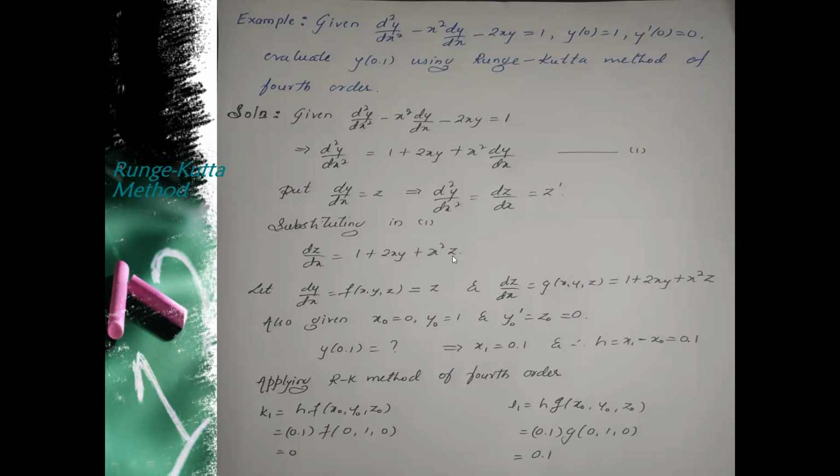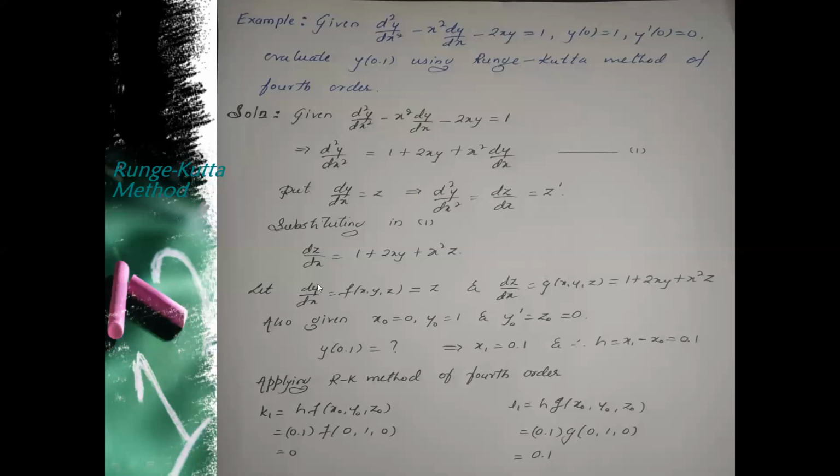Now what we have done by substituting this is we have changed this second order differential equation into two ordinary differential equations of first order by substituting dy by dx equal to z.